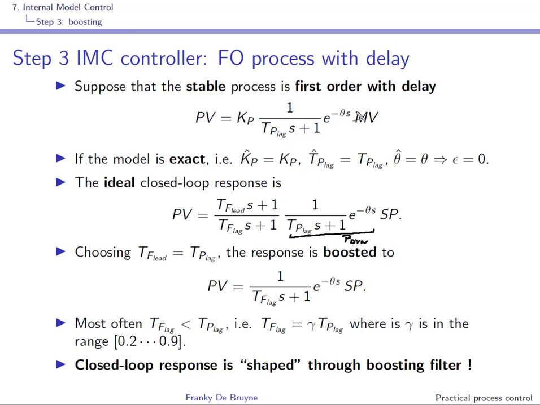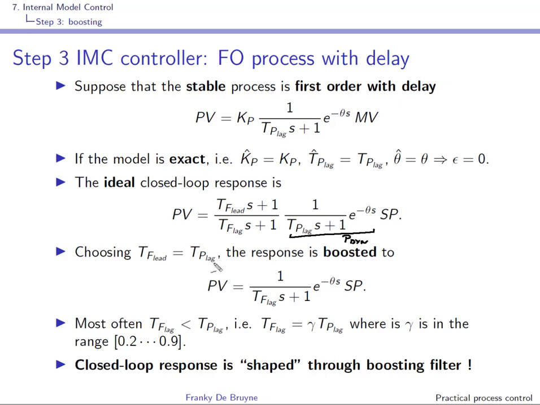So it's the open loop dynamics without the gain. By the way, the ideas here for a first order with delay can also be extended to higher order systems. So this is the ideal closed loop response that we want to boost, right?